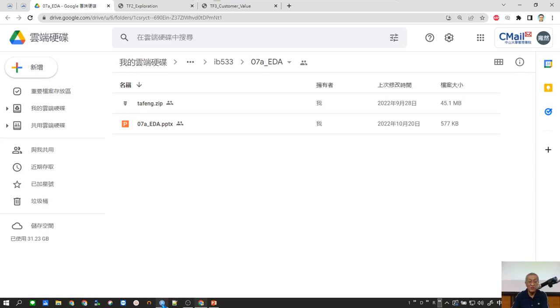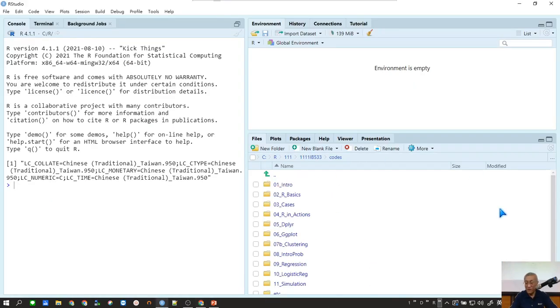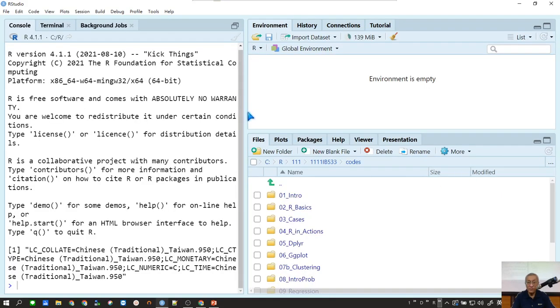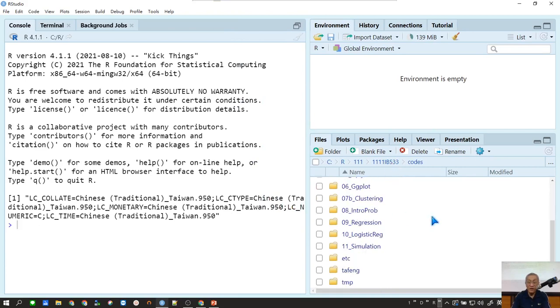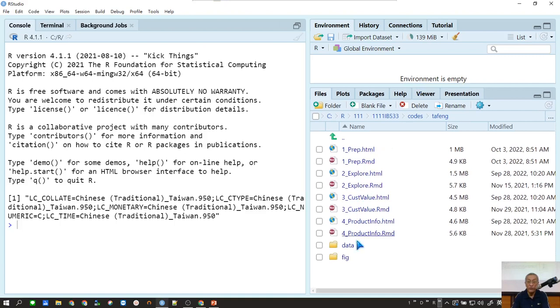So in your notebook, you should already have a Tafan data folder, right? And within this folder, you should have 1, 2, 3, 4 notebooks, okay?